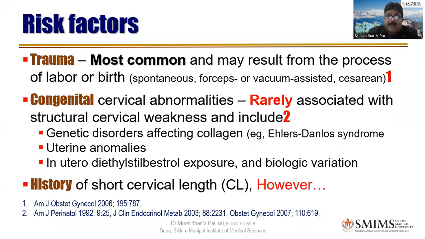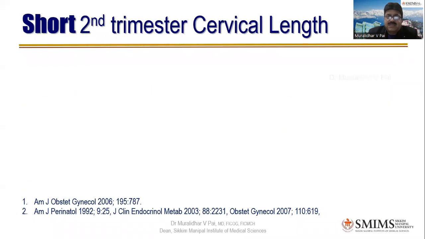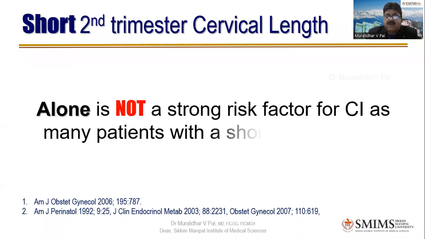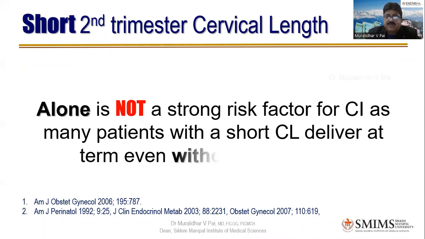However, with regards to short cervical length, what I want to tell you is that short second trimester cervical length alone is not a strong risk factor for cervical insufficiency, as many patients with short cervical length deliver at term, even without intervention.